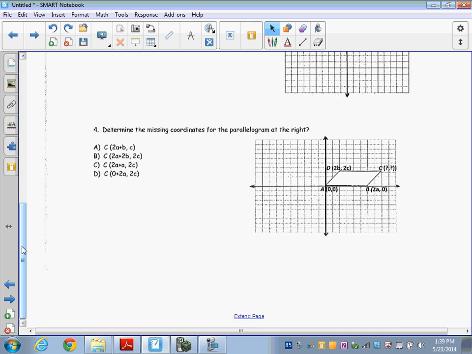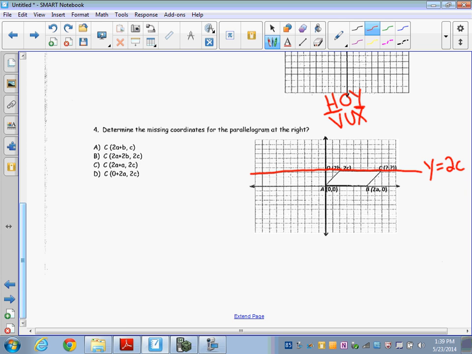For number 4, this one might be a little bit tricky because we don't have actual numbers. But we should be able to find the y coordinate very easily. This is the second time where we're going to talk about horizontal lines. Because we have a horizontal line, that means it's going to be y equals. Y is going to be equal to 2c.